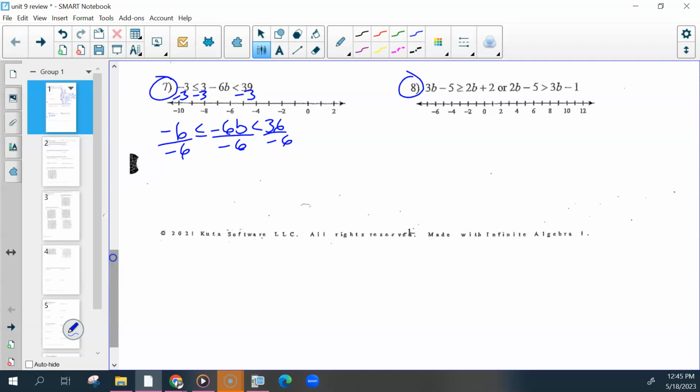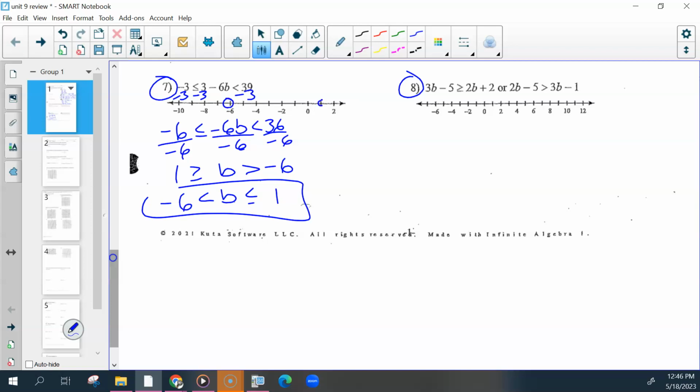Because we're dividing by a negative, all the signs are going to switch directions. But we want to write this least to greatest with less than or less than or equal to. So we're going to take this whole thing and flip it. So that would be your answer. And then to graph it, we're going to start at -6 with an open circle, end at 1 with a closed circle, with a line in between.